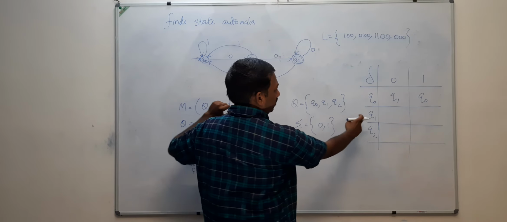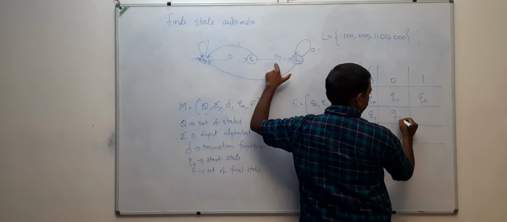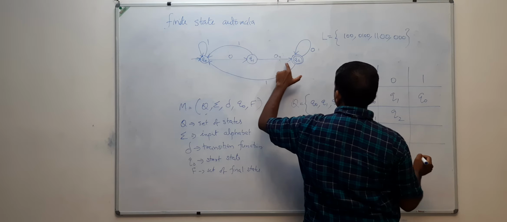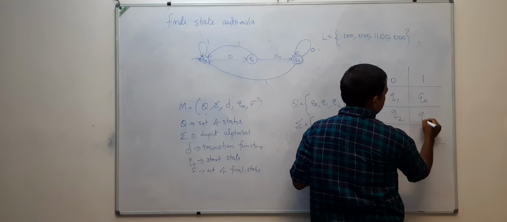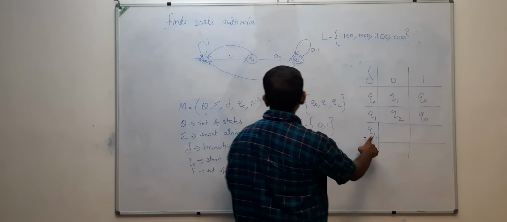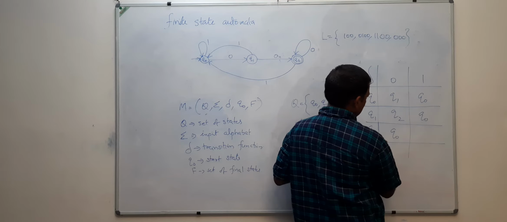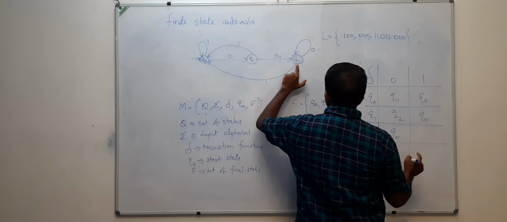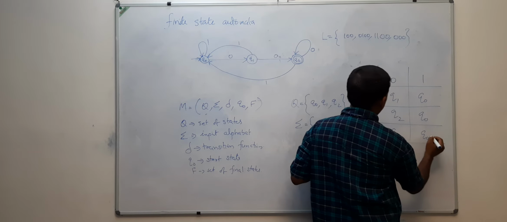And Q1 on receiving 0, it is switching to Q2. And Q1 on receiving 1, it is switching back to Q0. And Q2 on 0, what will happen? It is staying in the same state. And Q2 on 1, what will happen? It is coming back to Q0.